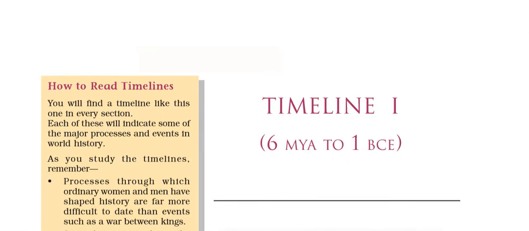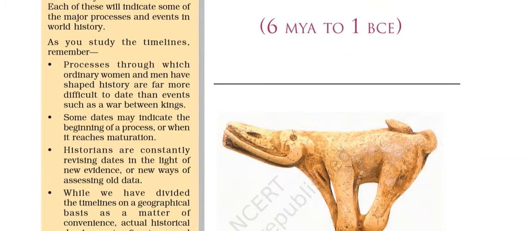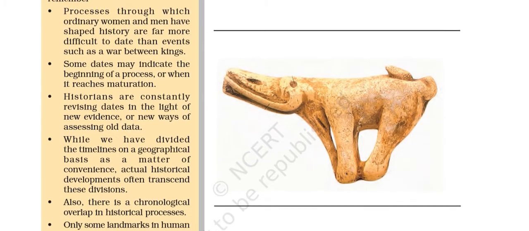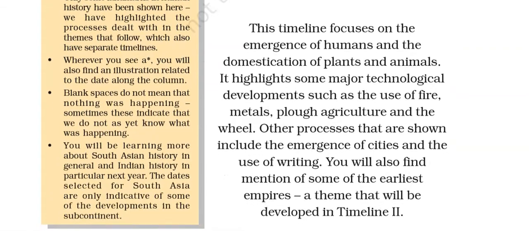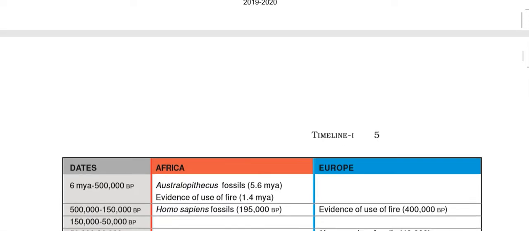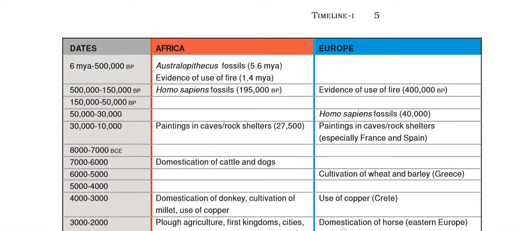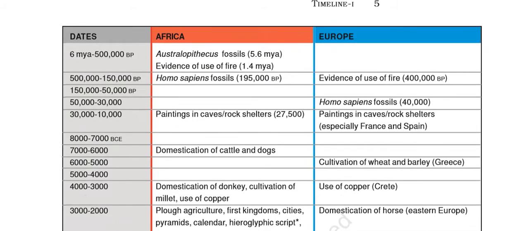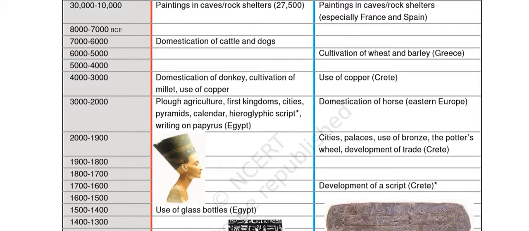Okay, the next thing you will find with each unit is a timeline. What is a timeline? A timeline in history shows all the major events that have taken place in world history. Again, this is something which will not be evaluated in your examination. This is for your general information about the different events that happened in world history. For example, when people started using copper, when people started cultivating wheat, when people started using iron.